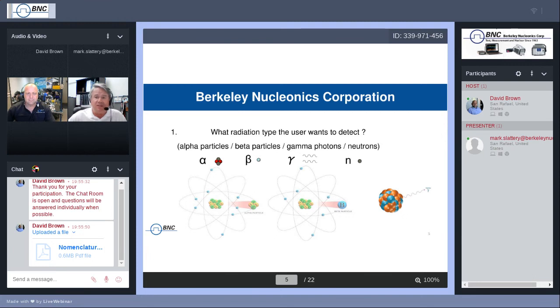Betas have a little more energy. Essentially they are an electron that, when it leaves the orbit, is energetic and high powered, and you'll need a little more stopping power for that.